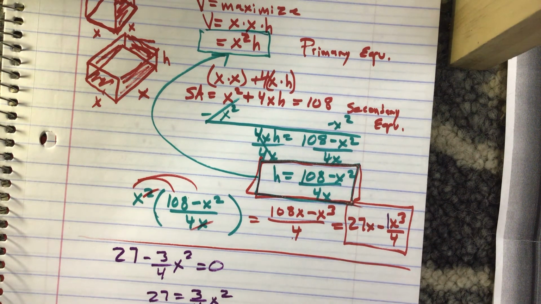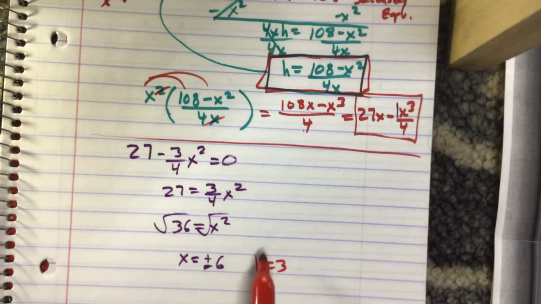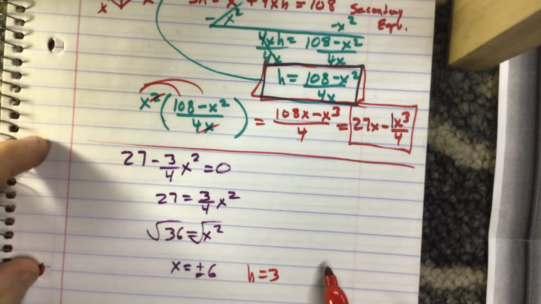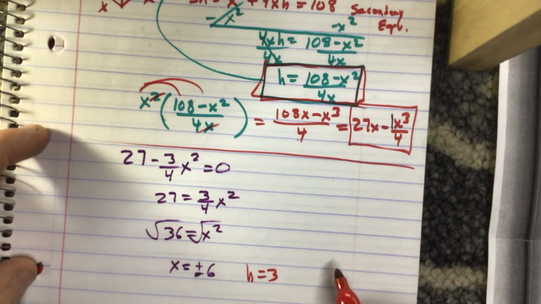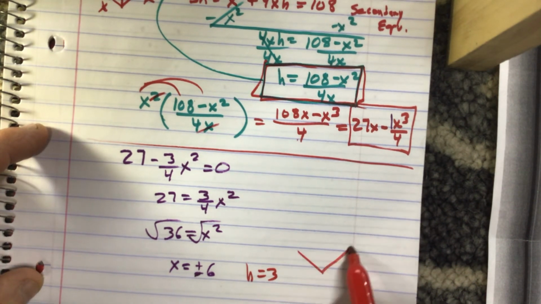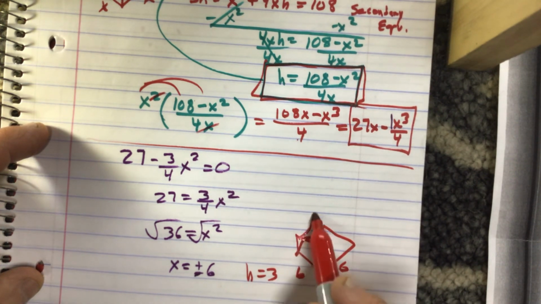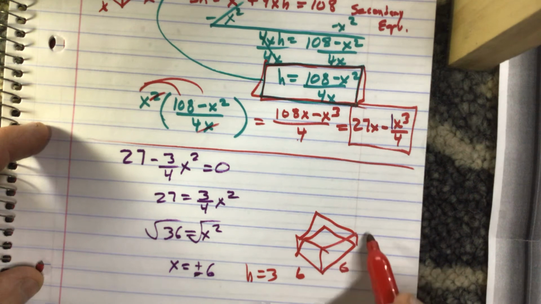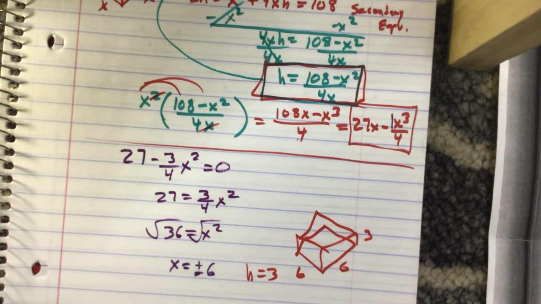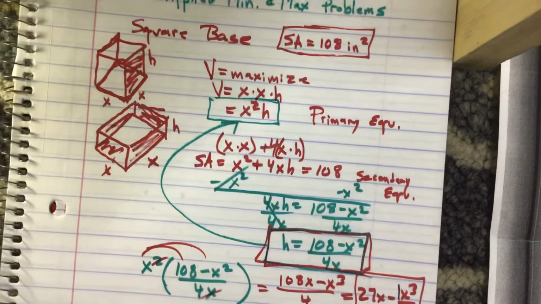So h would be 3. Now my maximum volume has a base of 6 by 6, since x is 6, and the height would be 3. That maximizes the volume. It gives me the most volume: 6 times 6 is 36, times 3 is 108. And that's an optimization problem.